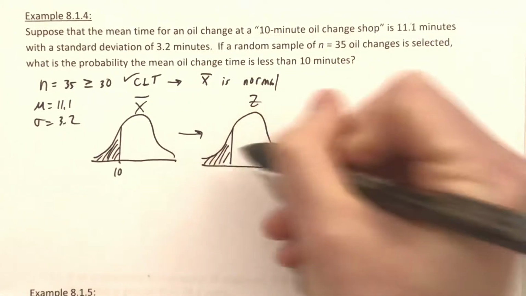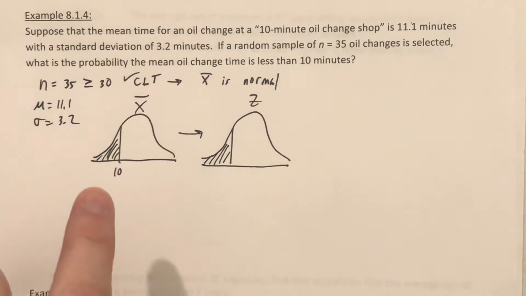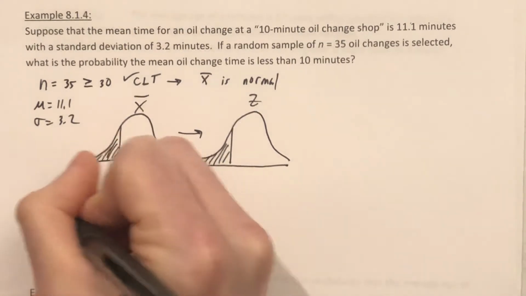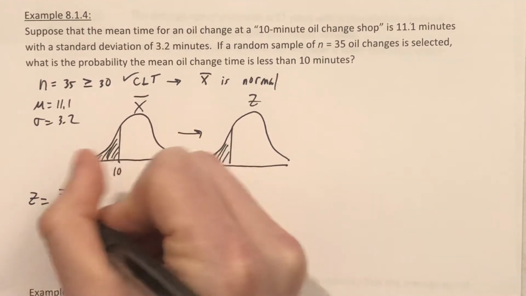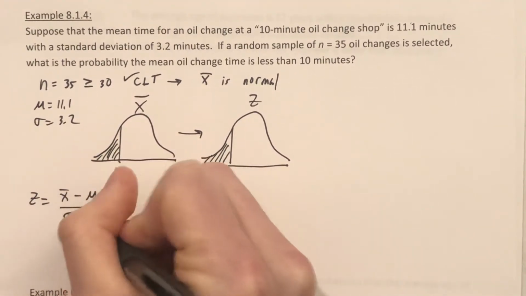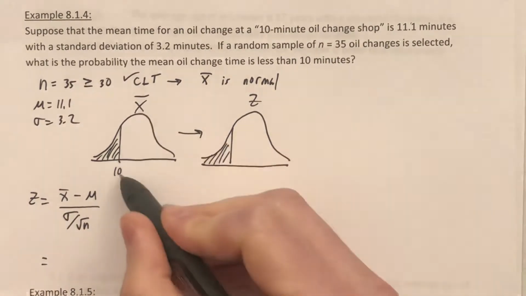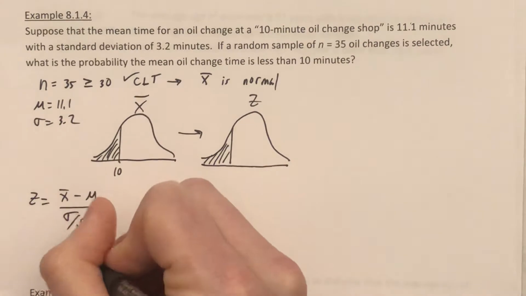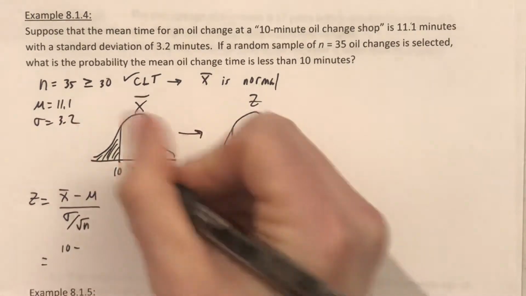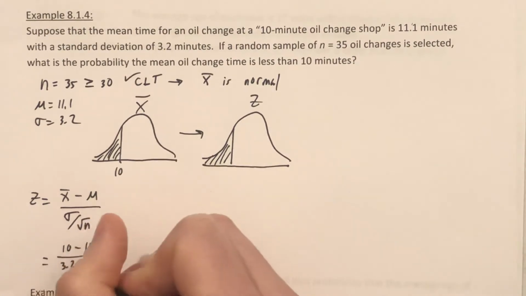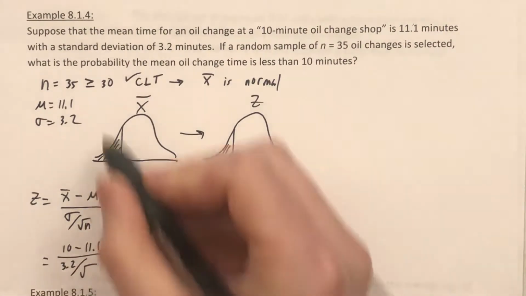And then we want to convert that over to z-score world. So same picture, same idea, but we're looking for the z-score of that boundary there, which means we need our revised z-score formula, which was x bar minus mu over sigma over root n. So plugging in our numbers, the x bar in question is 10. The mean that we know to be the center is the 11.1. And then sigma 3.2 over the size of our sample, 35.